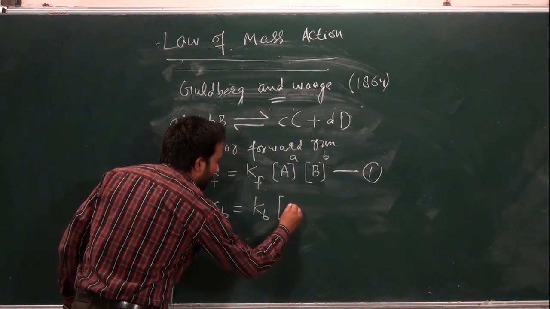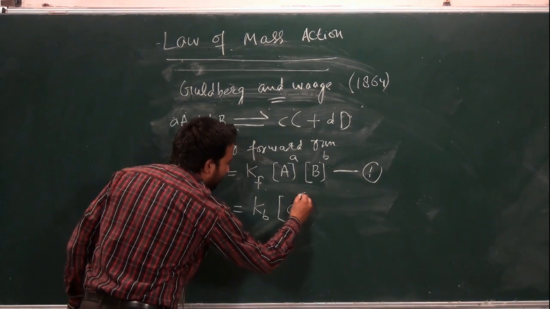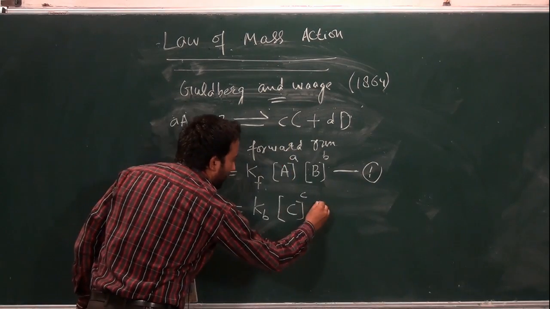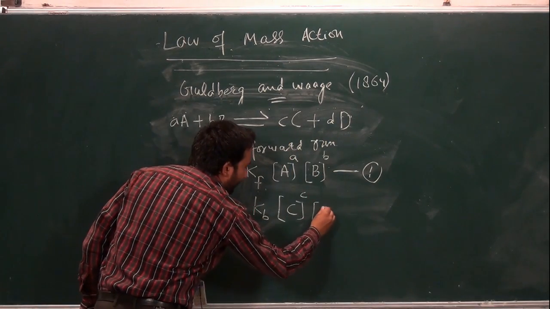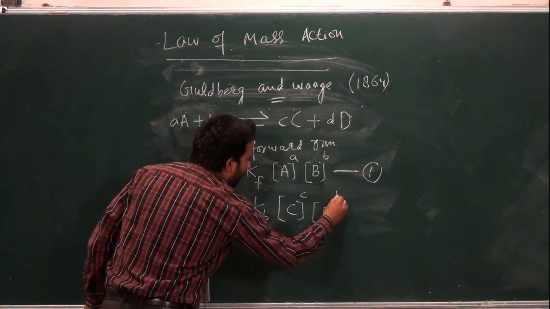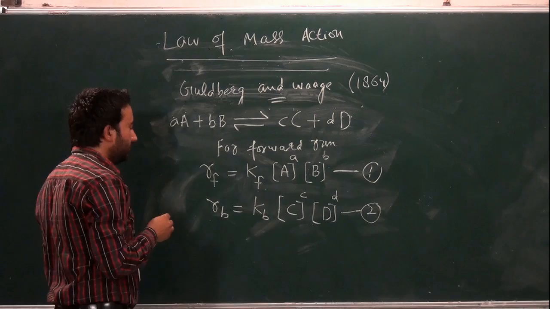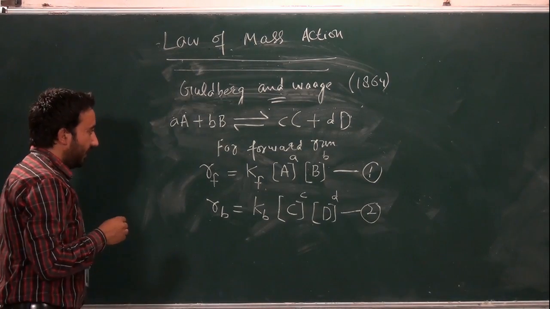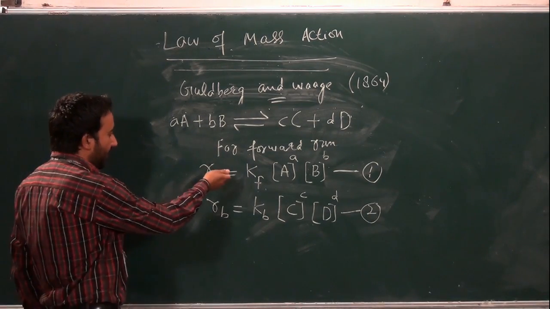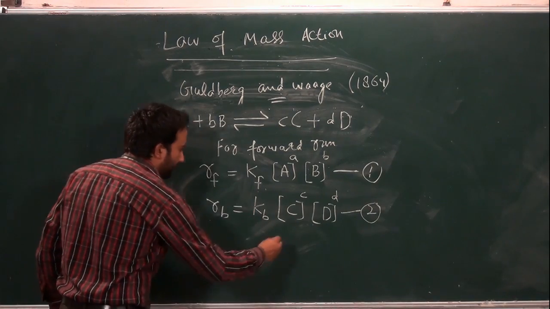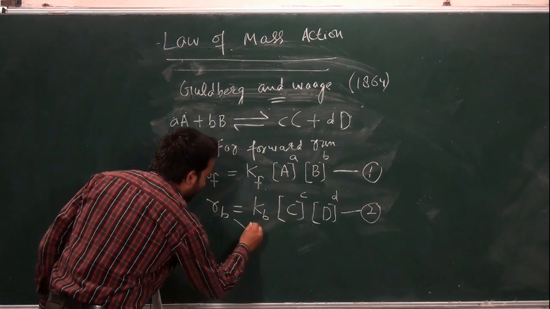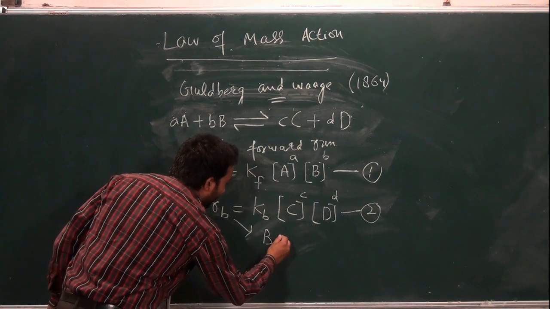So we will have C raised to power c into D raised to power small d. Call it equation 2. So this is for the forward reaction and this is for the backward reaction, and this is the rate constant for the backward reaction.